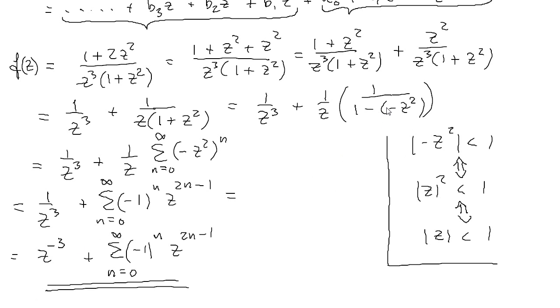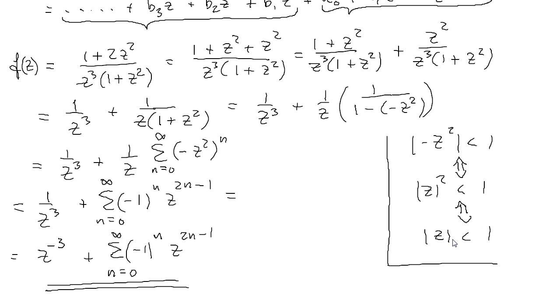Let's take a look at the convergence of this geometric sequence, because we know that a geometric sequence, we would call this u, converges when the absolute value of u is less than 1. So we must assume that this is less than 1. And this is the same as saying that the absolute value of z to the power of 2 is less than 1.